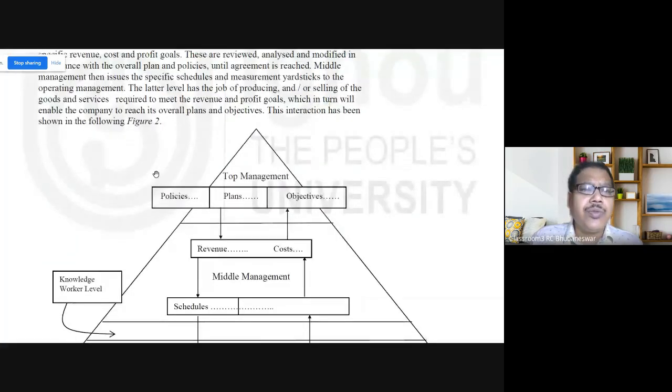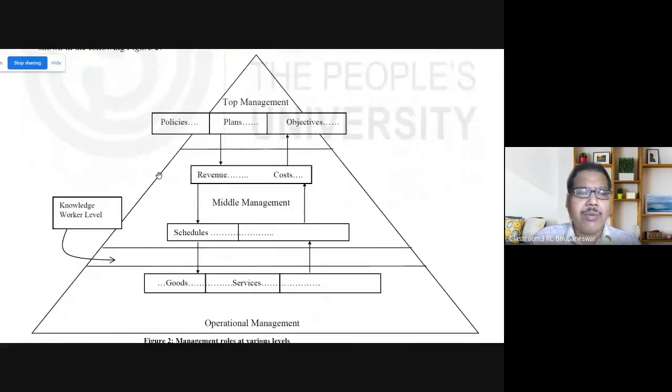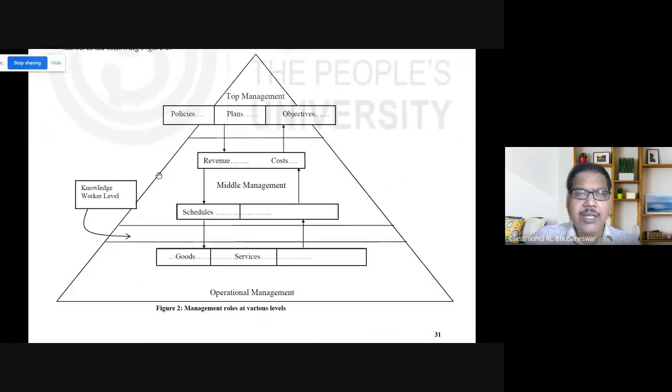So coming to the interaction level with respect to the requirement, you can see the top level management, the middle level management, and the bottom level operational management. Everybody looks like they are on the same platform, but their requirements are different and their working style is different.